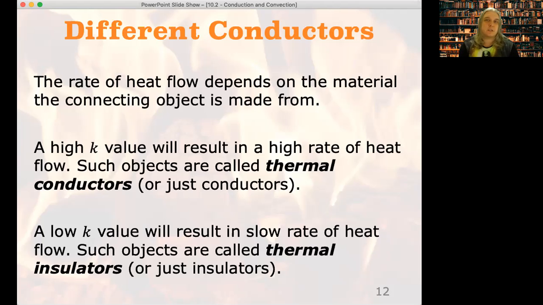For this course, we're just looking at thermal stuff. We haven't discussed electrical conductivity or insulation, but beyond this course, with life in general and with science in general, you should always be able to interpret a situation and understand whether you're talking about thermal conduction or electrical conduction or possibly some other kind of conduction.